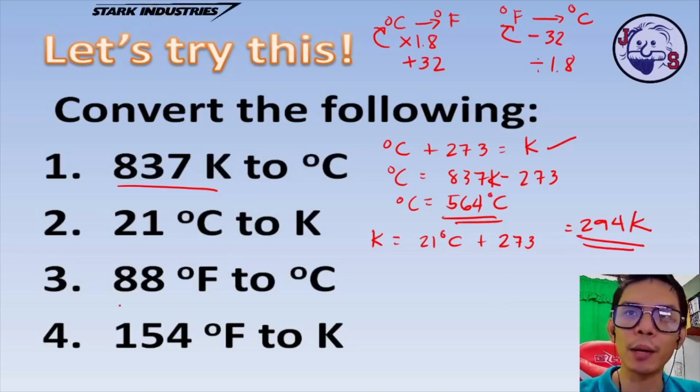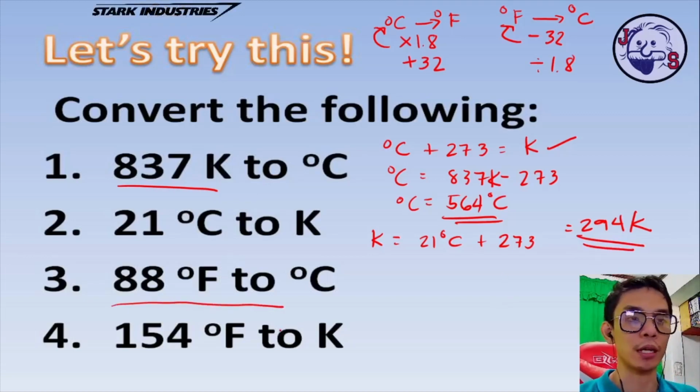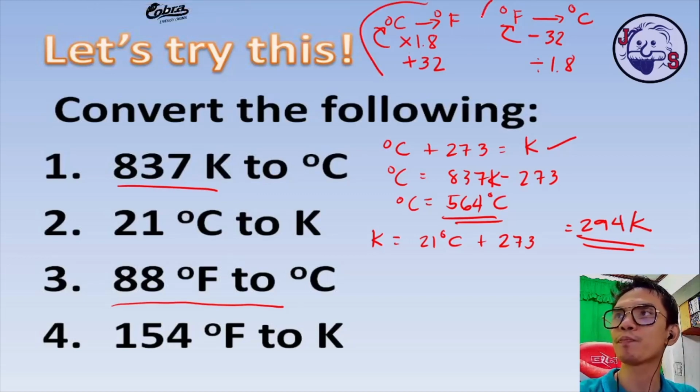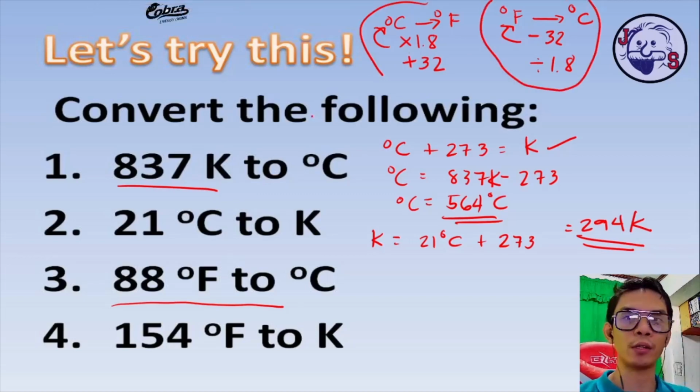Let's take a look at number 3. 88 degrees Fahrenheit to degrees Celsius. We are going to use this formula to convert that into degrees Celsius.